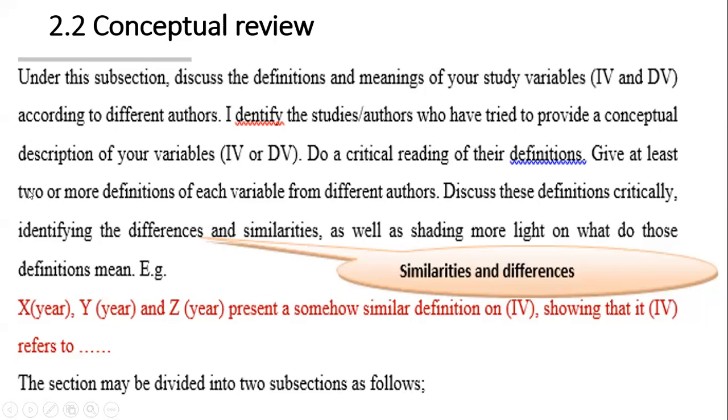So you may find 2 or more people whose definitions are similar, and 2 or more people whose definitions are different. And which point of departure are they? At which point do they differ, and at which point are they similar? They may not be completely different, but they may be different in a particular aspect of the definition. When you identify all of this, then we say you are understanding what you are reading.